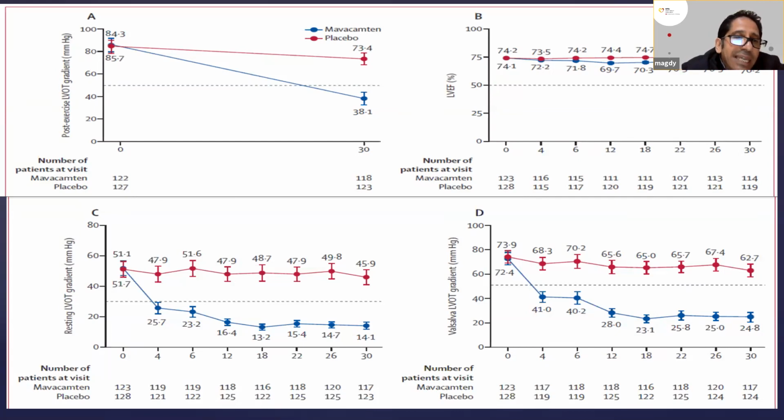If you look at the resting gradient after randomizing those patients to mavacamten versus placebo up to 30 months, we can see a gradient of 50 decreased to 14 with mavacamten compared with 45 with placebo. Ejection fraction, there was no significant difference, and Valsalva gradient also decreased significantly with mavacamten compared with placebo.